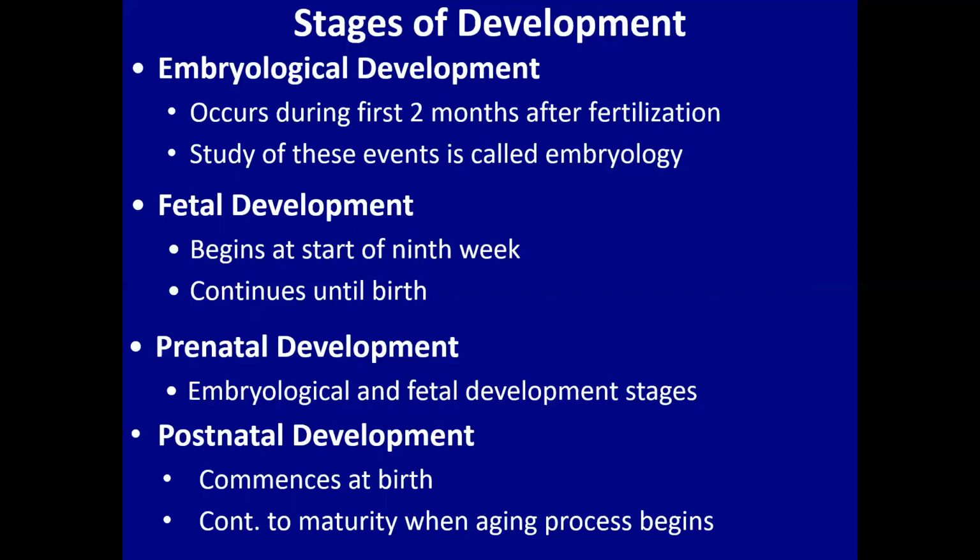Fetal development begins at the start of the ninth week and continues to birth. Everything that occurs from fertilization to birth is called prenatal development. That's the embryological and fetal development stages. Postnatal development is everything that occurs after birth. It continues to maturity. Once you hit maturity, the aging process begins.